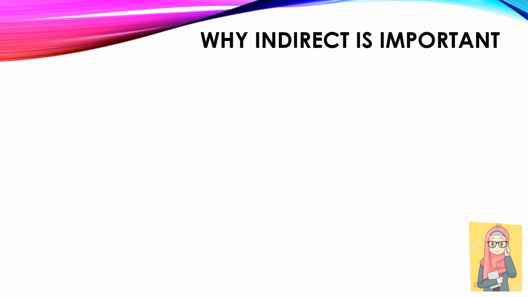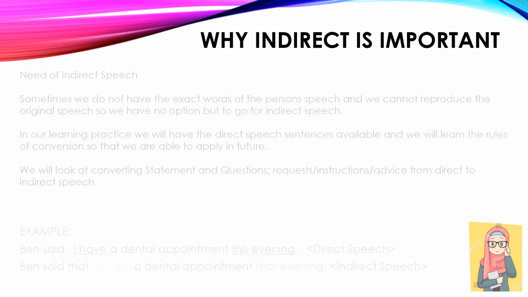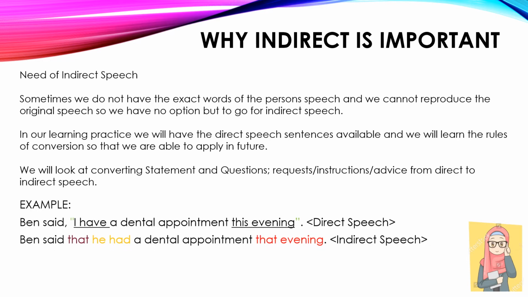Why do we need to convert it into indirect form? So, what is the need of indirect speech? At times, we do not have the exact words of the person's speech and we cannot reproduce the original speech. So we have no option but to go for indirect speech.